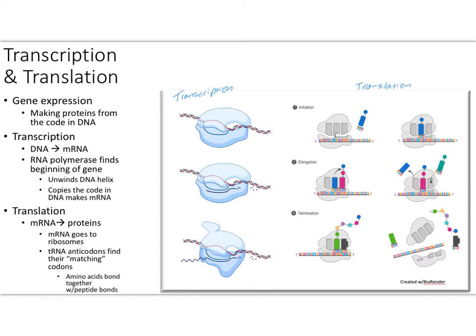In transcription, the code in DNA is used to create a molecule of messenger RNA, or mRNA. And transcription initiation begins when a molecule called RNA polymerase, which is represented by this blue structure here, I'm just going to write that out for you so you know what to label.